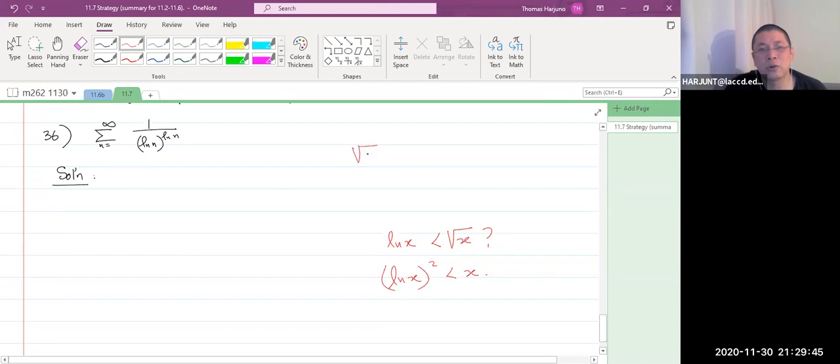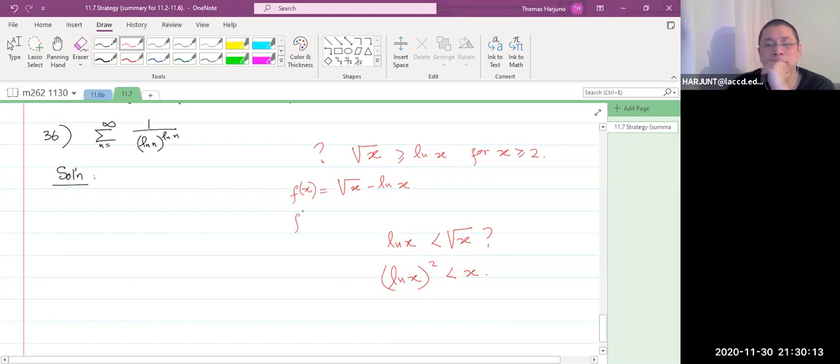How do I show? Maybe this is a secret. How do I show that the square root of x is greater than or equal to ln x for x greater than or equal to 2? How do I show that? Or greater than or equal to something.